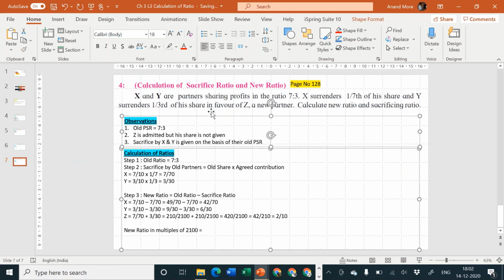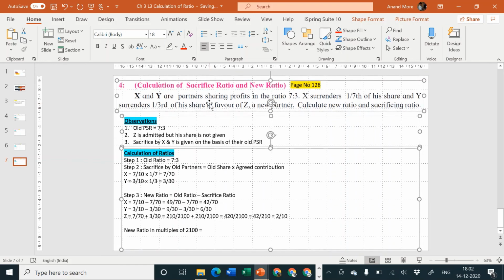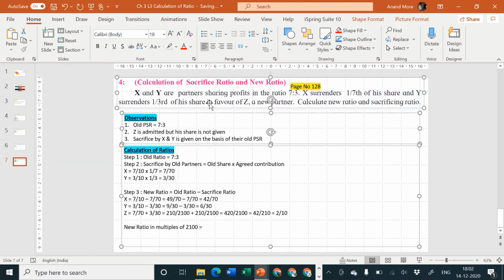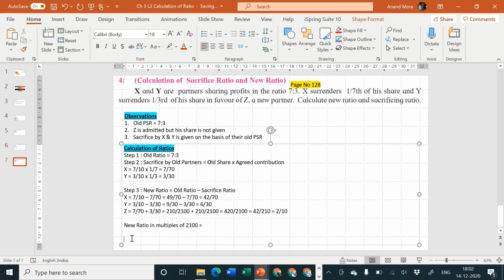Let me just shift all these things a little bit up. So for X, the new ratio is 42 by 70.